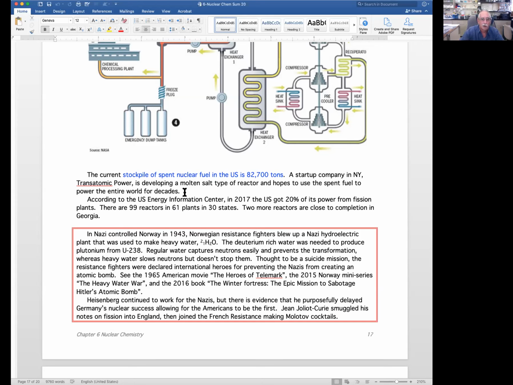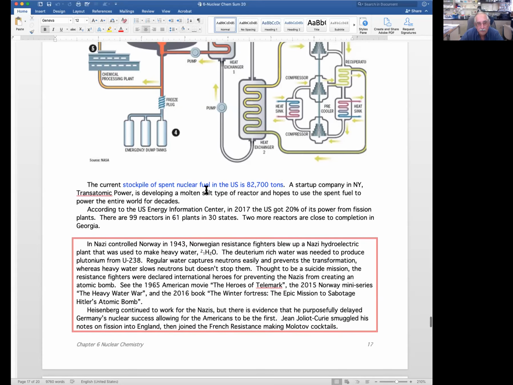So when people say, oh, I'm against nuclear power, it's like, okay, what are we going to do with this 83,000 tons of stuff? What are you going to do with it? And if they knew the technology that was available, then I think they wouldn't be against it. Are people going to give up their electricity?